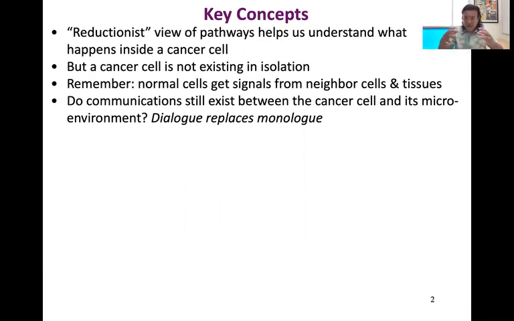So if you take this on a larger scale, not just the pathways in the cell, but the overall phenotype of the cell itself, in particular a cell that's transforming or becoming cancer, the cell itself doesn't exist in isolation. You'll recall that normal cells, for example epithelial cells, because that's what we discuss mostly in this class, get signals from neighboring cells and tissues that are telling them what to do and how to behave.